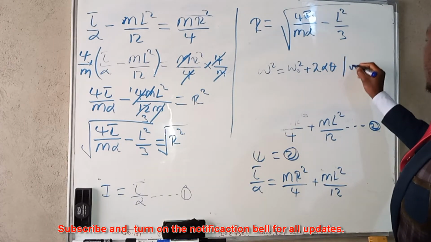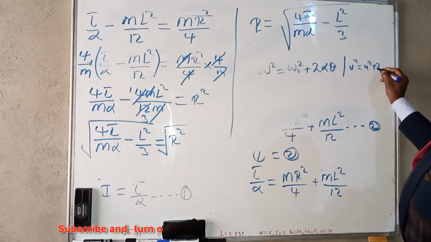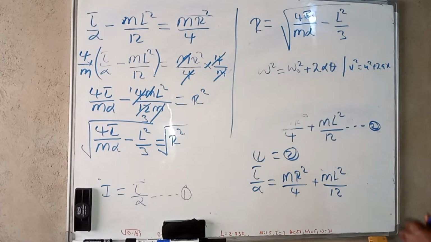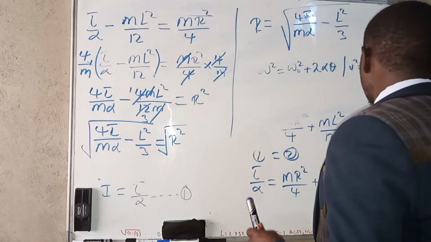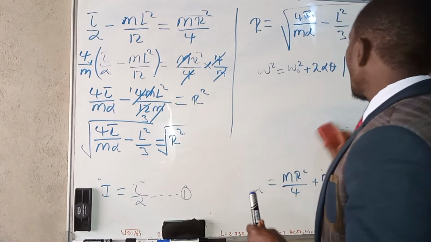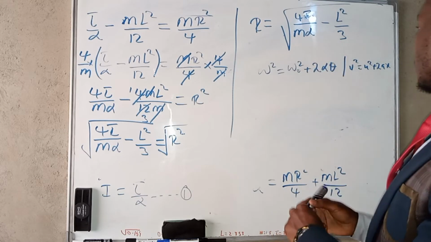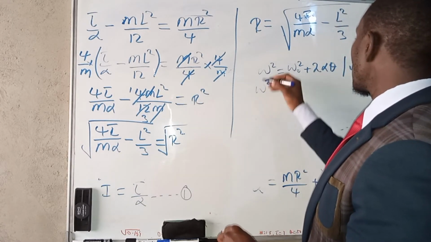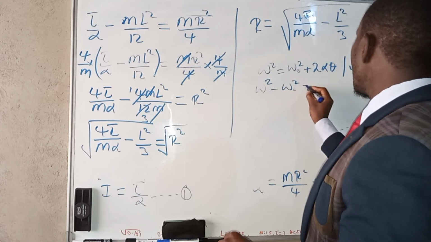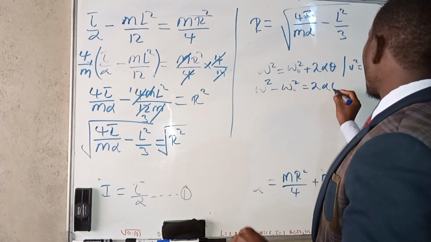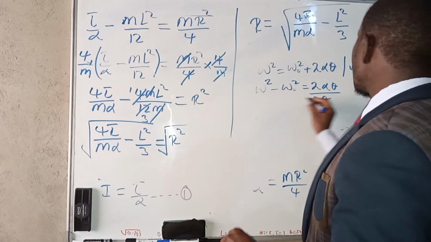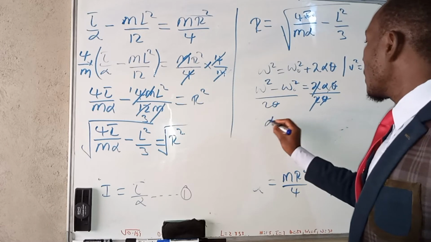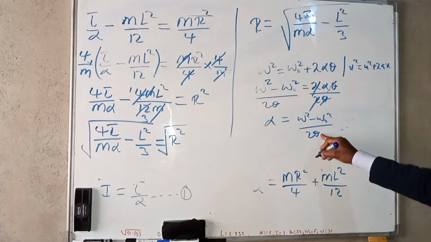This is from the equation v squared is equal to u squared plus 2ax. Now in rotational motion, we use this one. From this point, we want to make alpha the subject. So we have angular speed squared minus initial angular speed squared is equal to 2 alpha theta, divided through by 2 theta. This and this will go, and alpha will be the result.